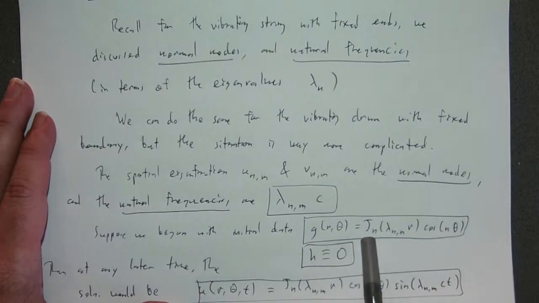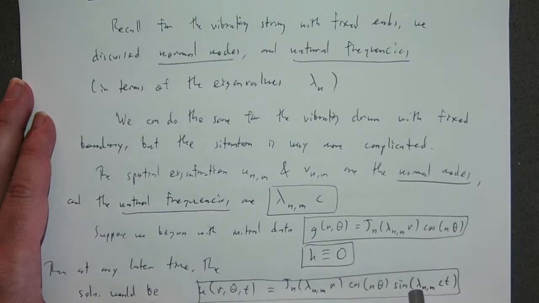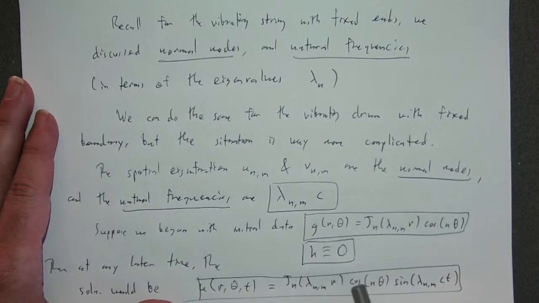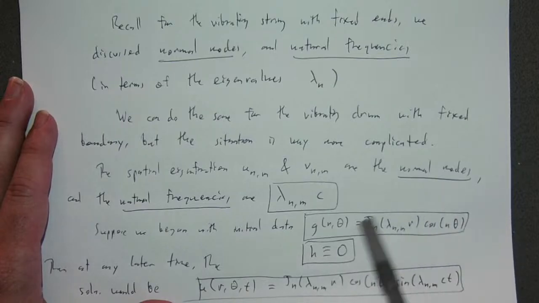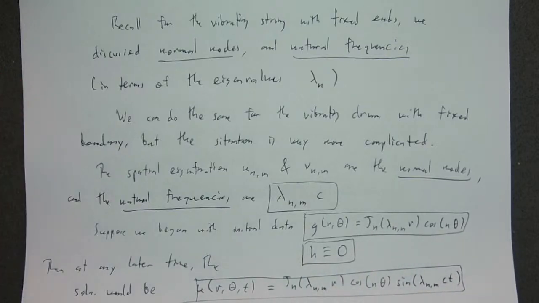So for a fixed t, this is some constant, sine of lambda nm ct, if t is fixed. This is a constant times my initial shape. So just like last time, my initial shape is preserved in the sense that the solution at any time, the displacement at any time, is given at a fixed time by just a constant multiple of my initial shape.